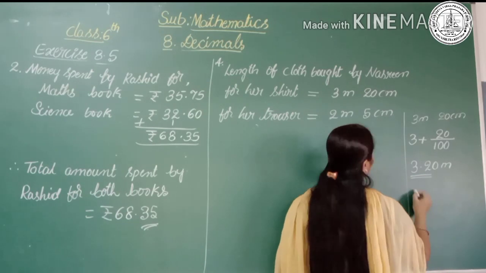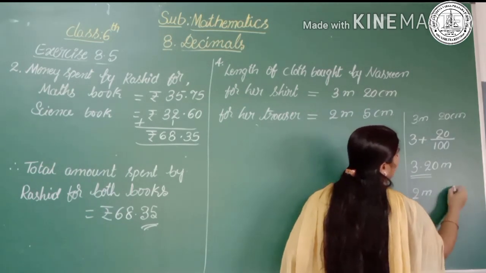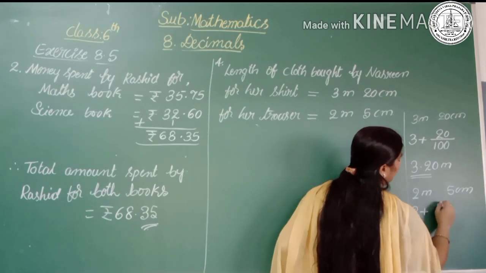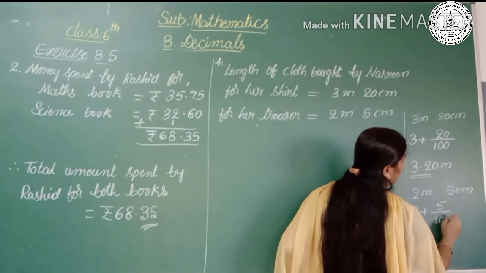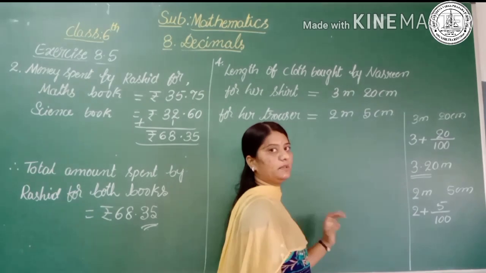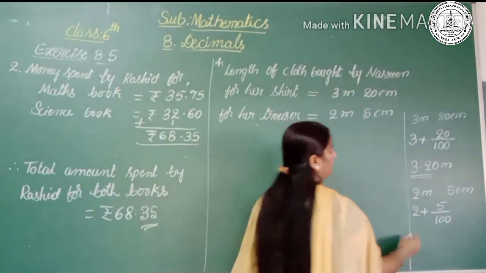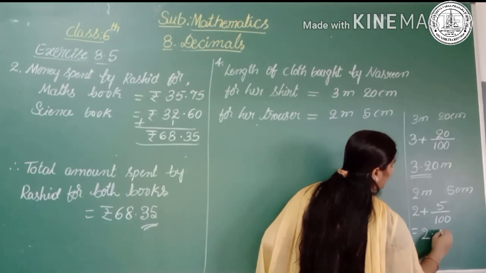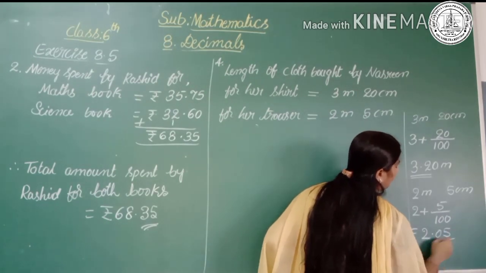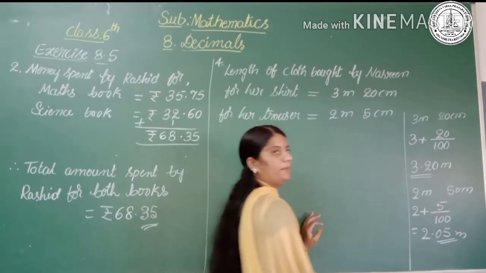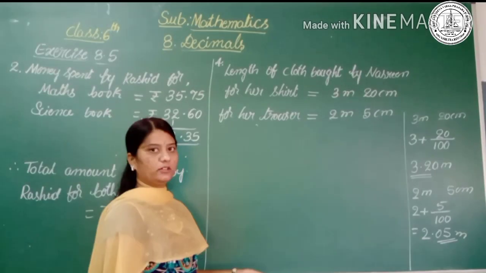Okay. Then 2 meter 5 centimeter. So how can we write it as 2 meter and 5 centimeter, which is equals to 2 plus 5 by hundred, so 1 centimeter is equals to 1 by hundred. No? So 5 centimeter is equals to 5 by hundred, which is equals to 2.05. 5 by hundred can be written as 0.05. Okay. Yes.